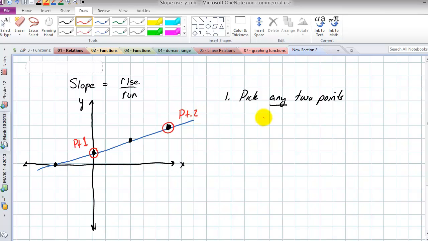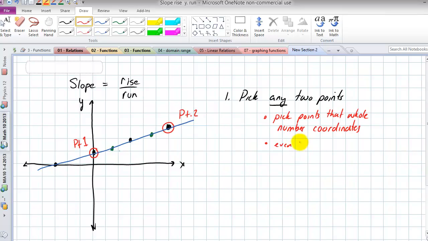I should say when you pick your 2 points, it's best to use points that have whole number coordinates. So we could pick any 2 points. If I wanted to, I could say that's a point and that's a point, and that's what I'm going to use to calculate the slope. But that's not so easy to work with because those things will have decimal points. So pick points that have whole number coordinates, I guess we'd say.